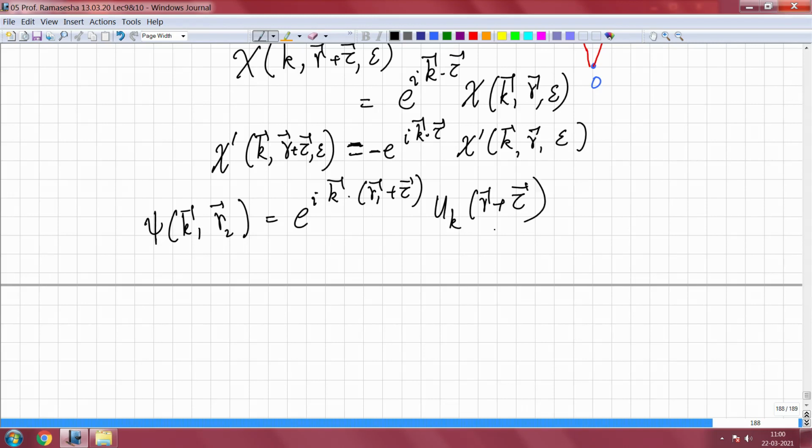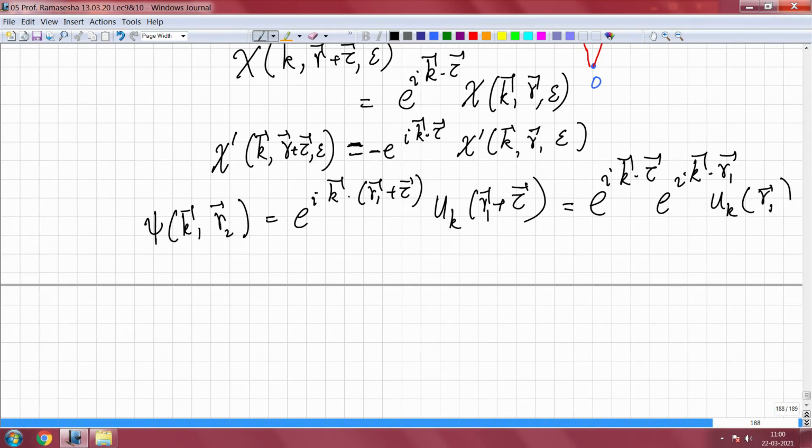This is another way of writing Bloch functions, and this is equal to e to the i k dot tau e to the i k dot r1 u k of r1 is what you would write. Okay, so this is the condition.